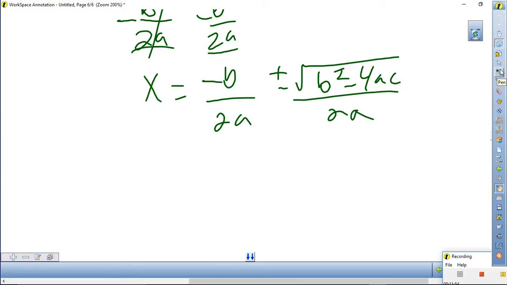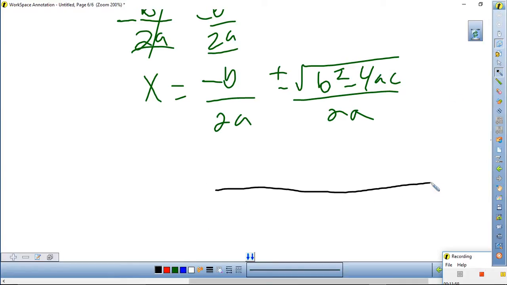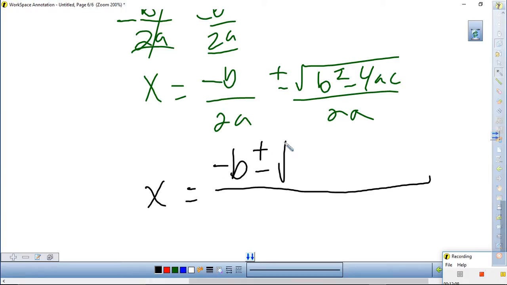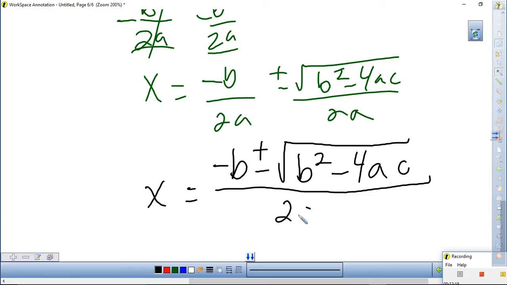Do they have a common denominator? Yes. What would be our common denominator? 2a. So what do we have left, everybody? x equals minus b plus minus the square root of b squared minus 4ac over 2a. And what is this? The quadratic formula.